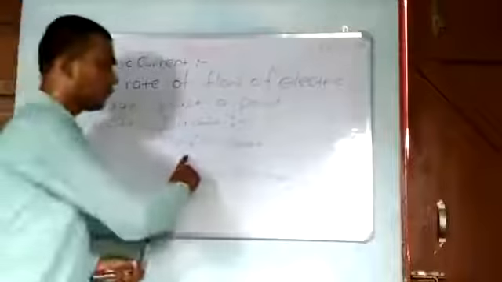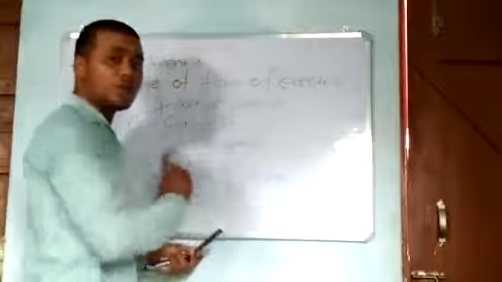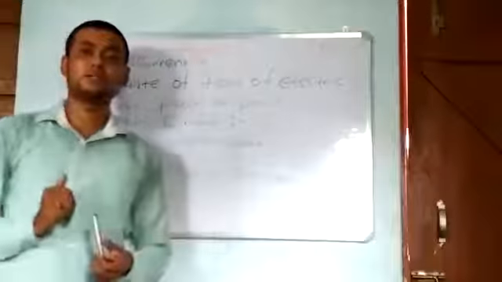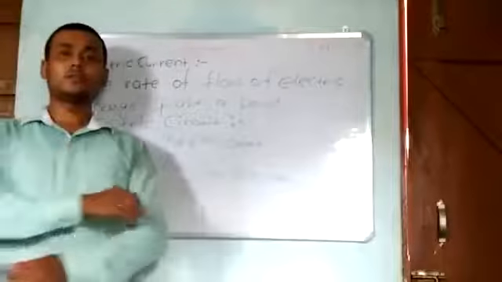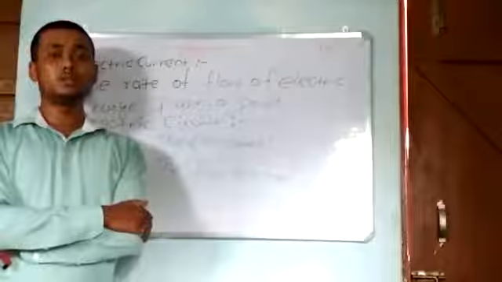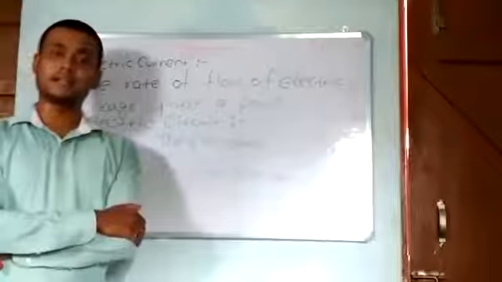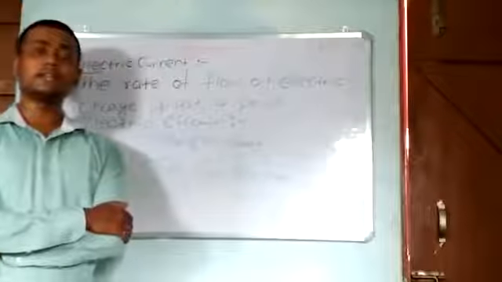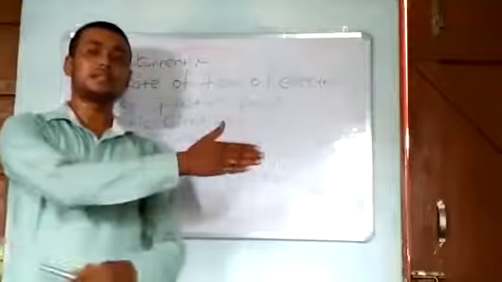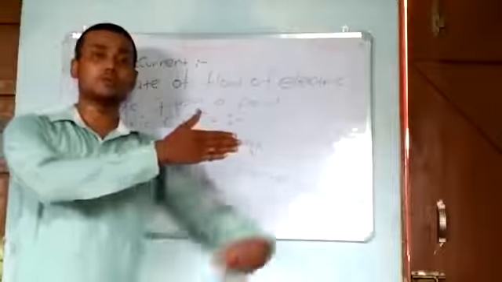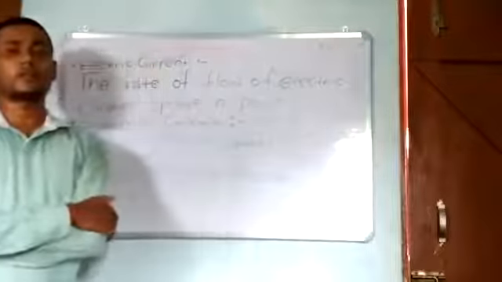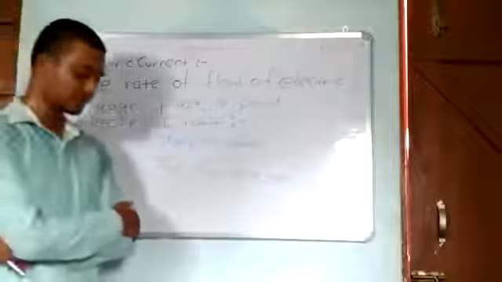Means the current flows from the positive to the negative terminal, but the flow of electrons is just opposite to the direction of electric current.